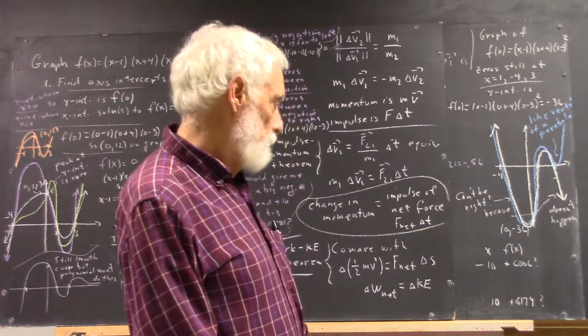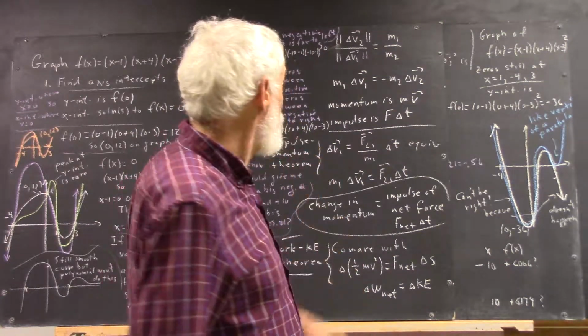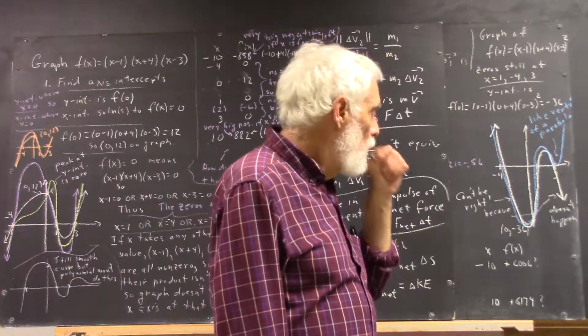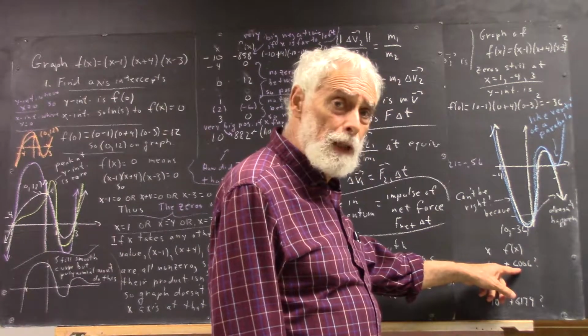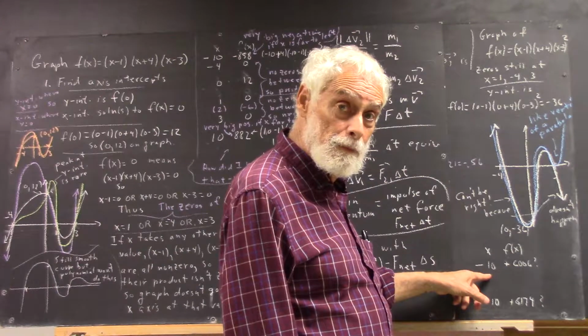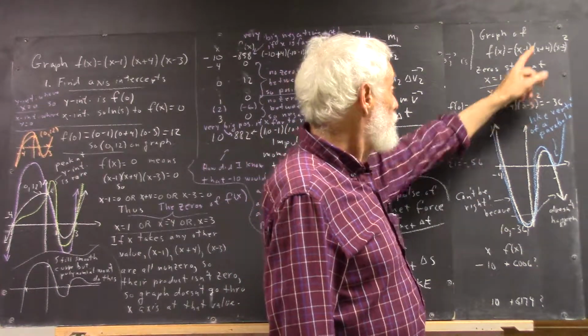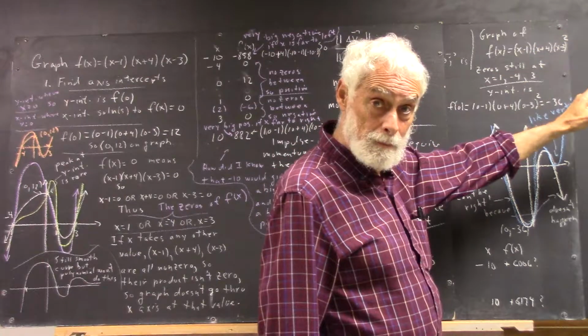Well, there's a problem with that, and that is because if x equals negative 10, the y value is going to be positive. Because if x is negative 10, we've got a negative here, a negative here, and the square of a negative here.